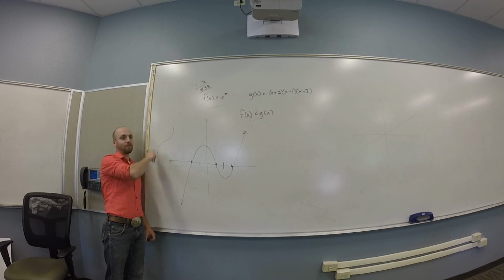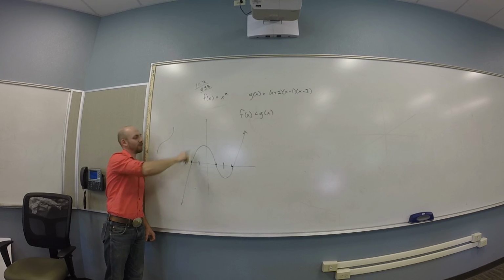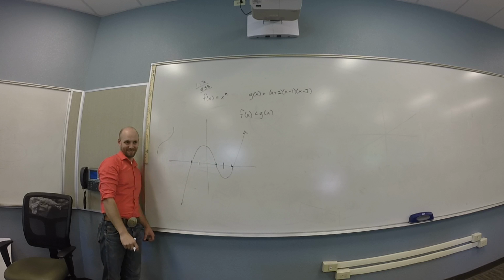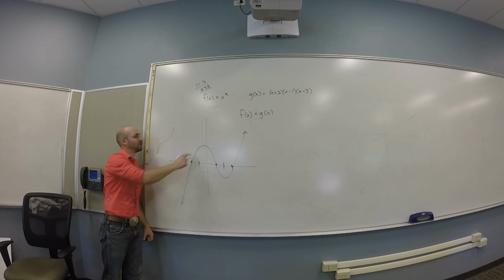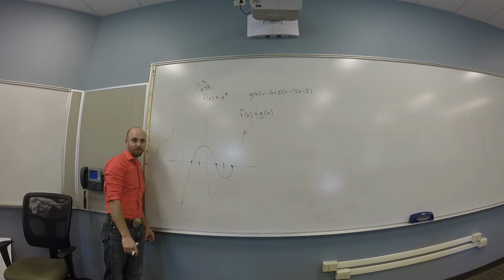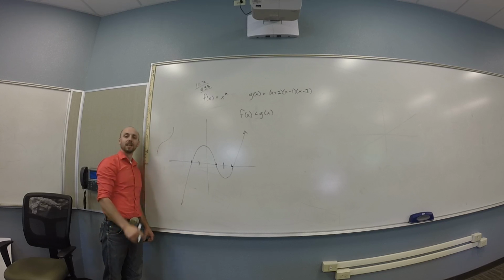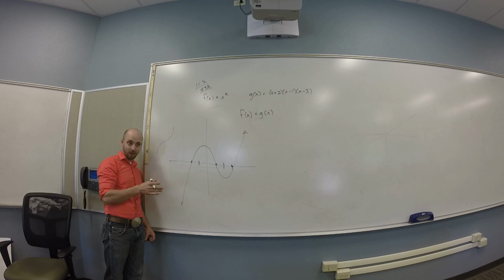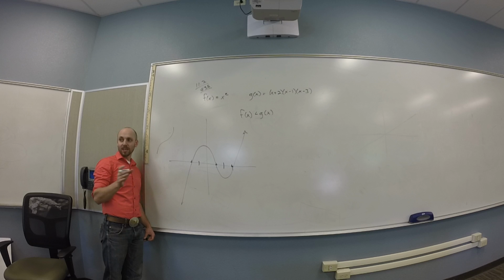It's going to have a down end and an up end, which means it can only have 2 bobbles, 2 top and bottom type things. It doesn't have to have 2, but it can have at most 2. So the total number of peaks and troughs has to be less than or equal to the degree minus 1. There's a calc reason for that, but you guys can just trust me that that's true for now.